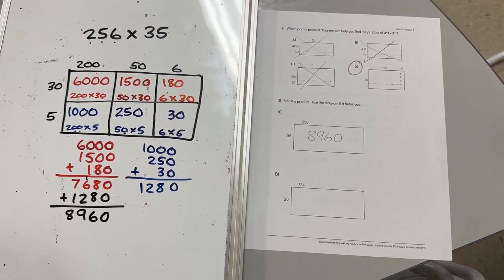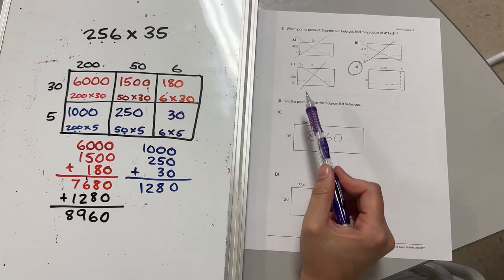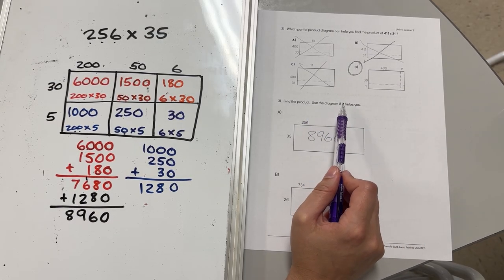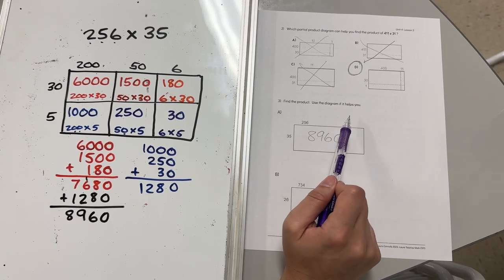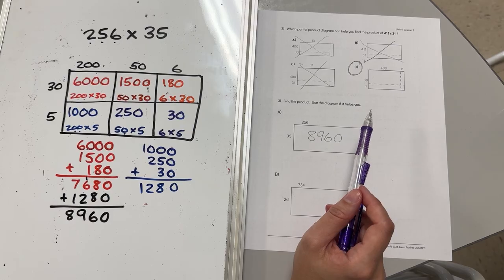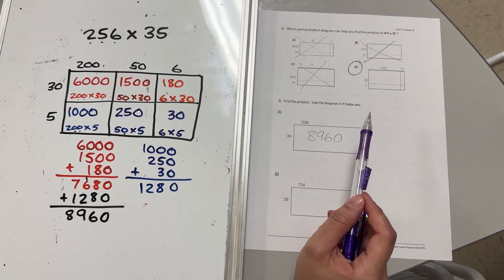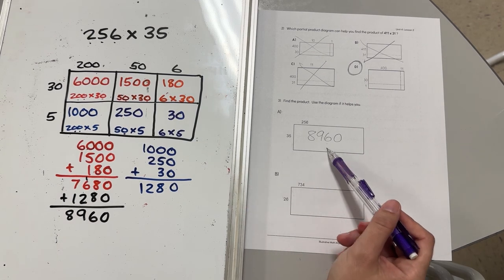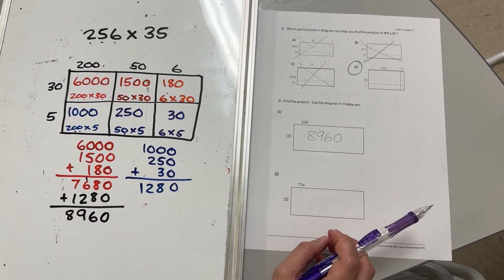Now, it's important to remember that number 3 says to find the product and to use the diagram if it helps you. That means if you're a person that prefers to do the standard algorithm for multiplication or our partial product strategy, don't feel like you have to use these area models for number 3.